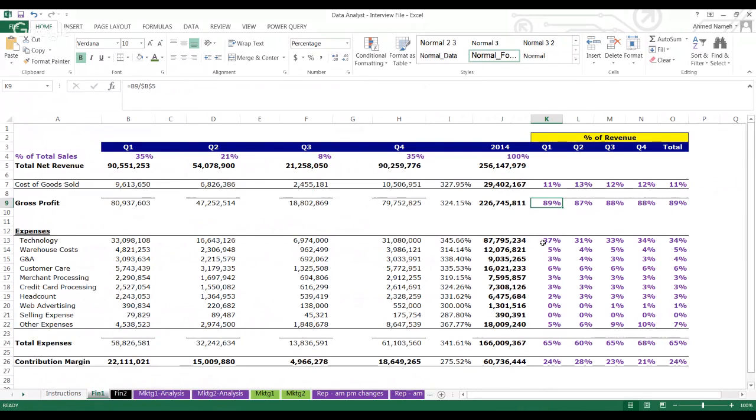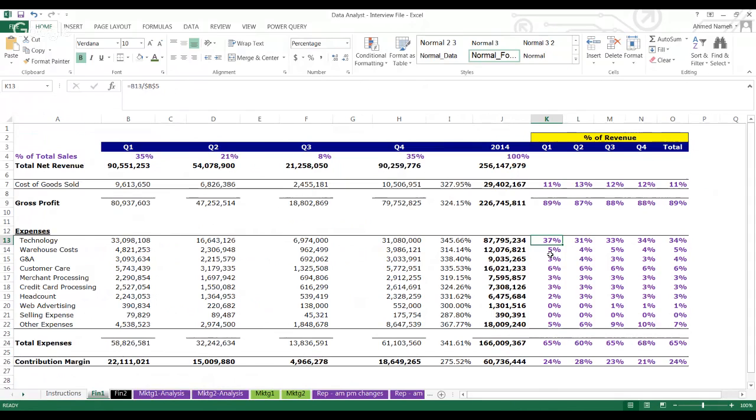Another thing that I noticed is expense categories are, for the most part, also quite stable. Your largest expense category, which is technology, swung between 31% and 37% throughout the year.